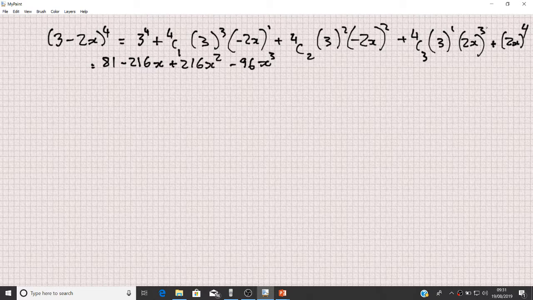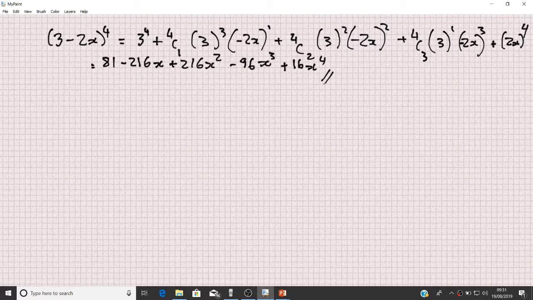And the last term is 2 to the power of 4, which is 16 x to the power of 4. And that's my final term.